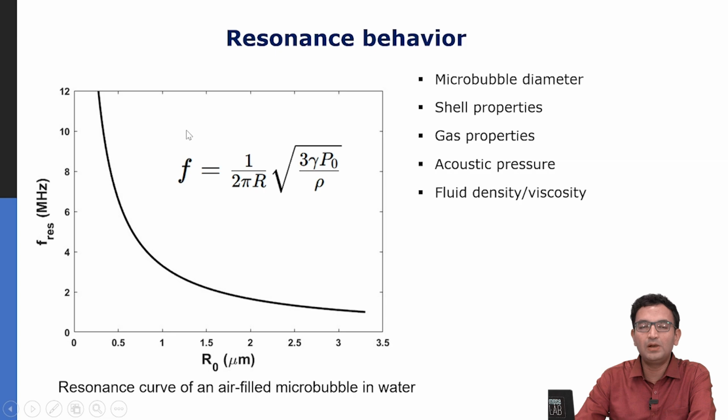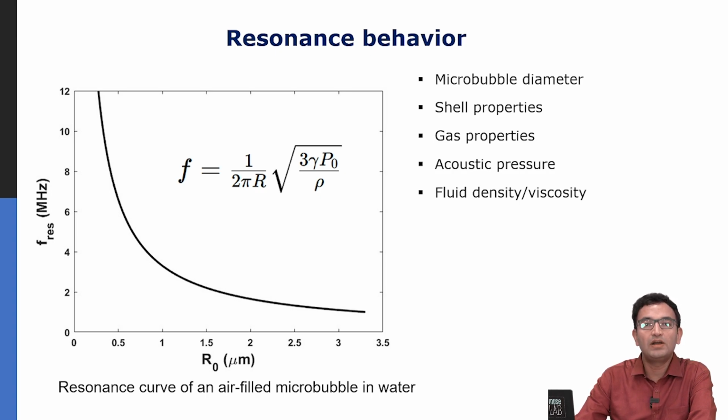Now this is a simple Minnaert equation with several simplifications, but as it turns out, not only the microbubble radius or diameter, but the shell properties matter. In case of shelled bubbles, the shell viscosity and the shell stiffness also play a role in the resonance frequencies. The gas properties matter too, for example, if I fill a bubble with air versus a heavy gas such as sulfur hexafluoride.